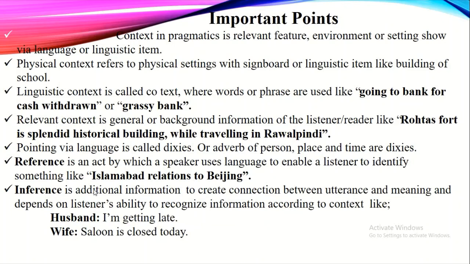Inference is additional information to create a connection between utterance and meaning and depends on the listener's ability to recognize information according to the context. Like if a husband says, "I'm getting late," and the wife replies, "The saloon is closed today." Here, inference is important because it depends entirely on the context.